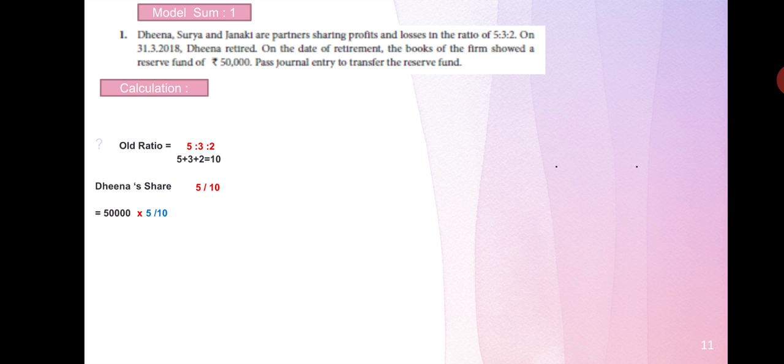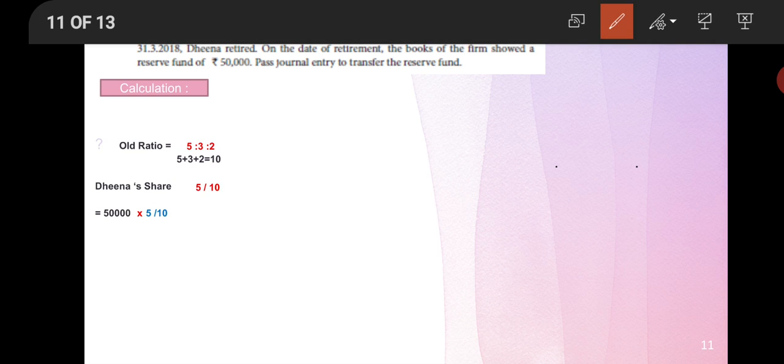You have to simplify the amount. When you simplify, in the numerator the 1 zero will get cancelled, and from 50,000 one zero will get cancelled. Now you multiply: 5 fives are 25, and the remaining 3 zeros you have. So the amount will be 25,000.